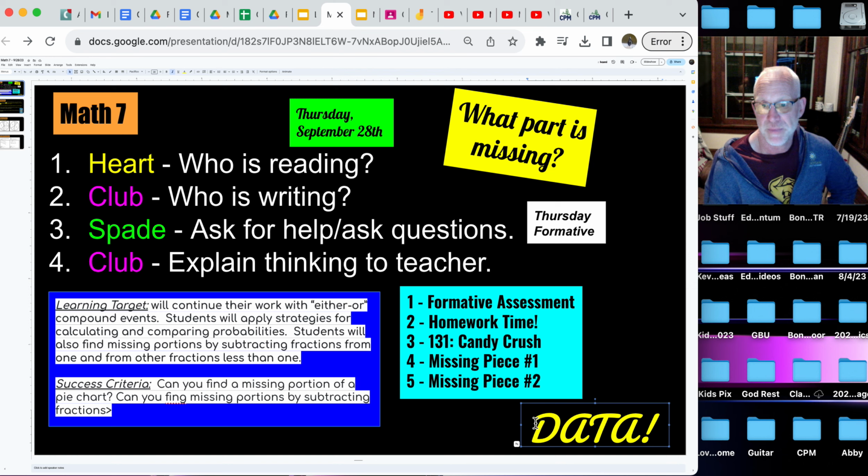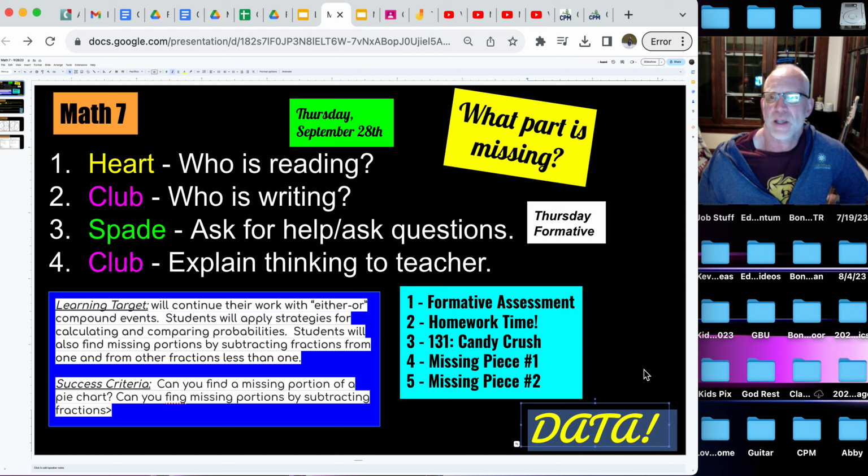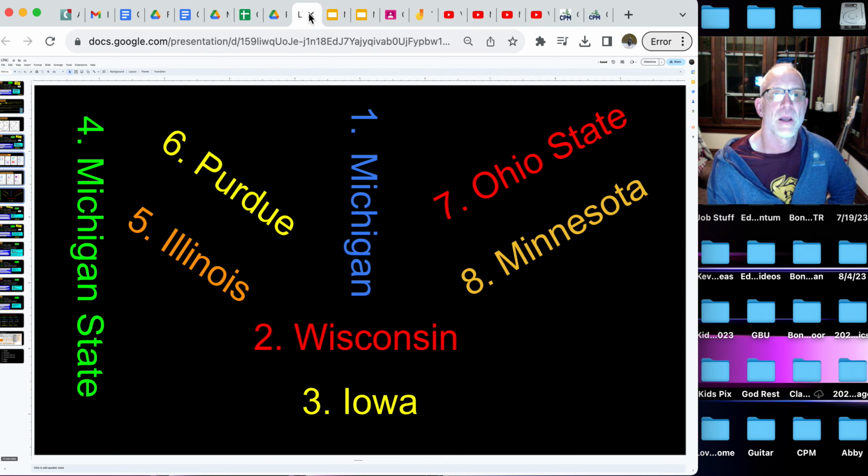Data. This is interesting. I was looking at all the points for participation, and I keep track of those every day. The most interesting thing that I learned was when I was keeping track of data information and why kids were gaining and losing points. The quickest way to lose points was cross-talking, right? If we looked at our classroom and it looked like this, we have Michigan State up here and Wisconsin and Iowa and Purdue and Illinois, Ohio State, and Minnesota.